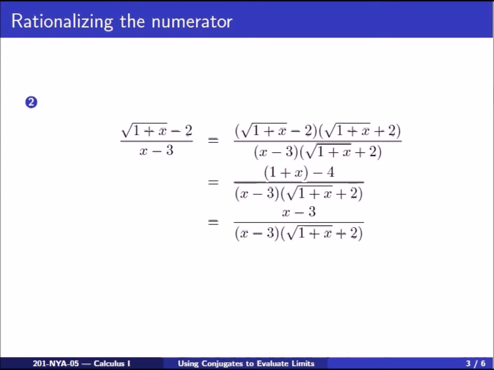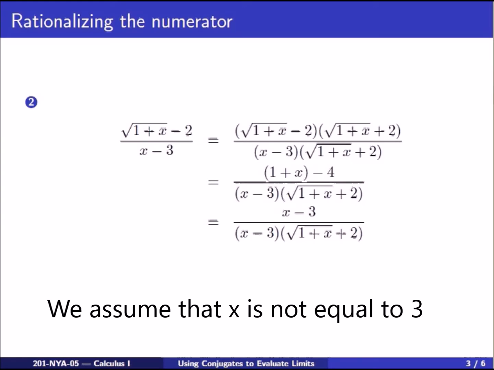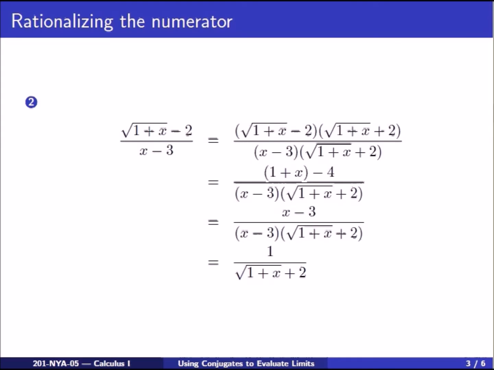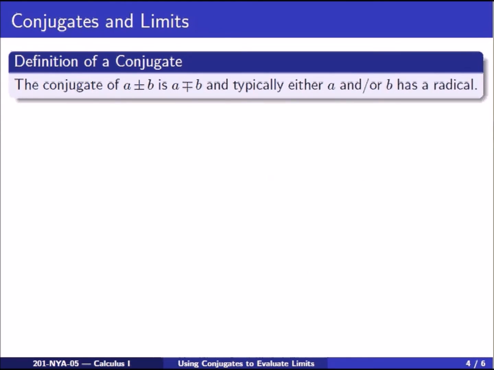If I simplify this, I get x minus 3 in the numerator. And as a surprise, we see that x minus 3 appears both in the numerator and in the denominator. And I will cancel those two common factors to get an expression which is 1 over root of (1 plus x) plus 2.